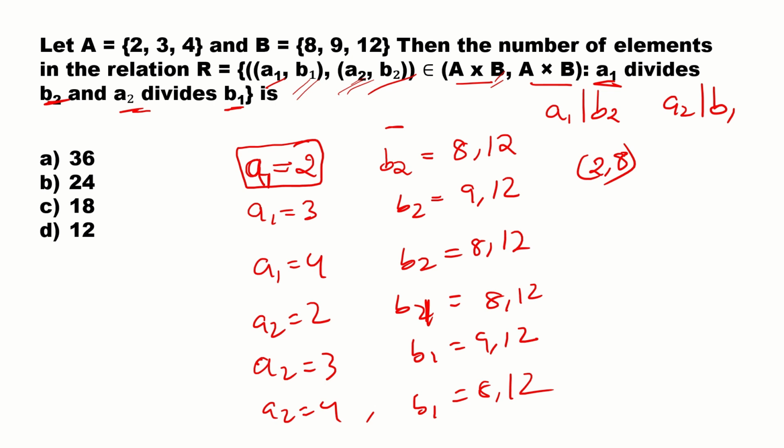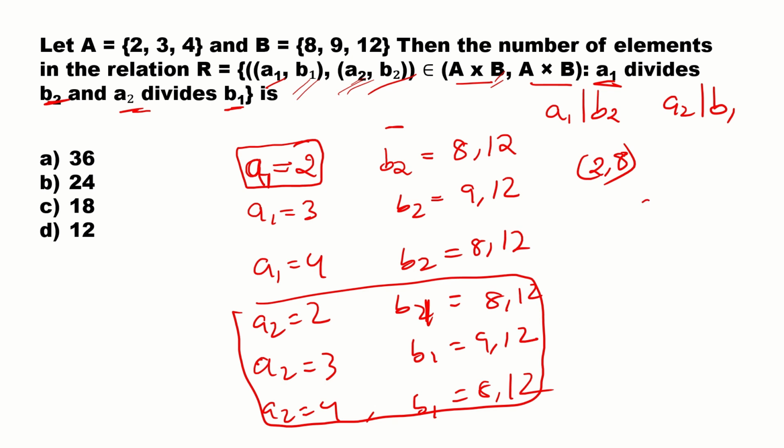Therefore, a2, b1 can take any of the 6 values, that is 2, 8; 2, 12; 3, 9; 3, 12; 4, 8; or 4, 12. So for one particular value of a1, b2, we have 6 values of a2, b1. Similarly, since there are 6 such values of a1, b2, the total number of elements in the set would be 6 times 6, which is 36. Therefore, option A, 36, is the correct answer for this question.